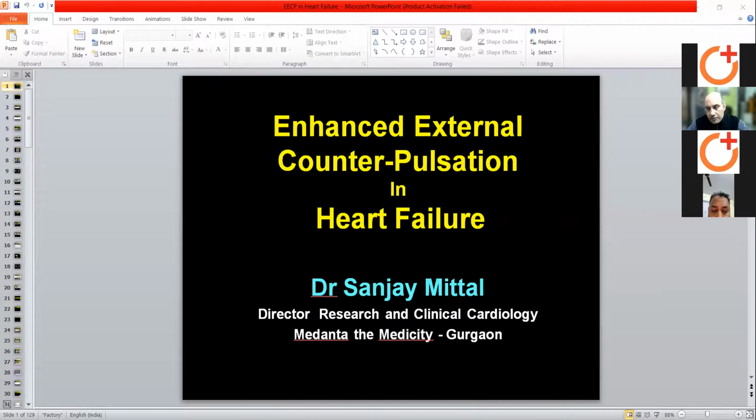How do we treat heart failure? We have two latest advancements in heart failure management. For the last 25, 30 years, we knew that heart failure is treated by ACE inhibitors or ARBs. Why? Because these are the drugs which block the effect of angiotensin II on the myocardium and the vasculature. On the myocardium, angiotensin II leads to increased contractility, worsening of heart failure and cell death of the myocytes.